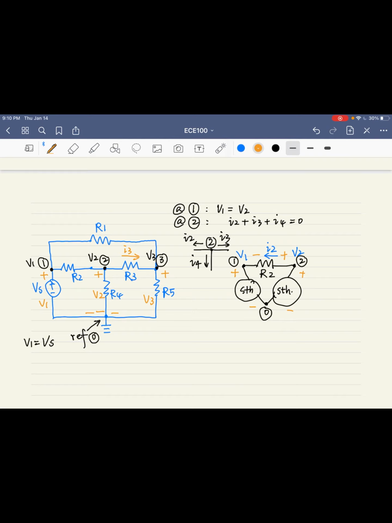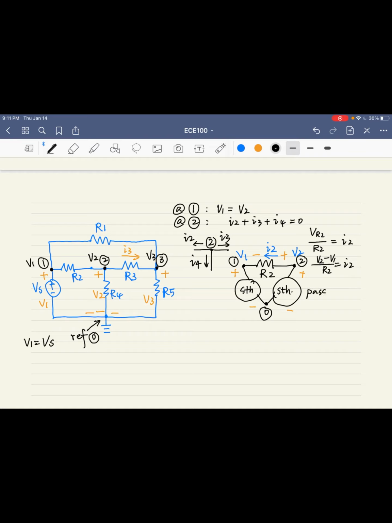In this way, V of R2 divided by R2 will equal I2. And V of R2 is the positive polarity voltage minus the negative polarity voltage, which is V2 minus V1. And their subtraction over R2 will get us I2.